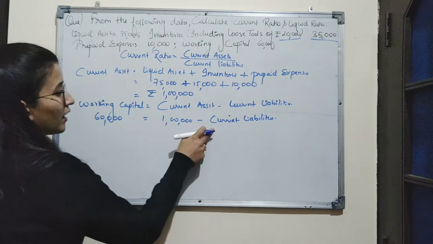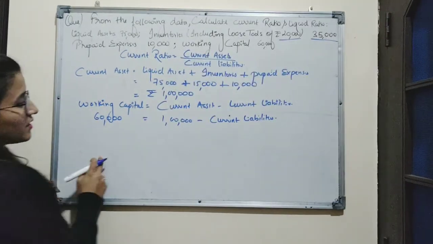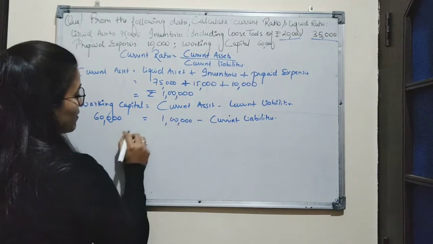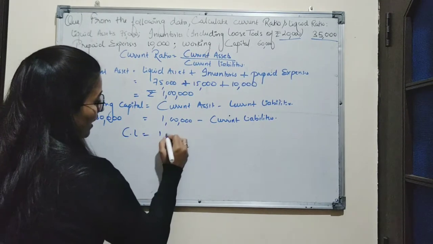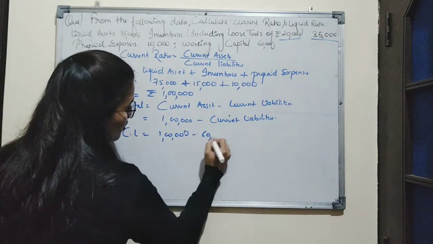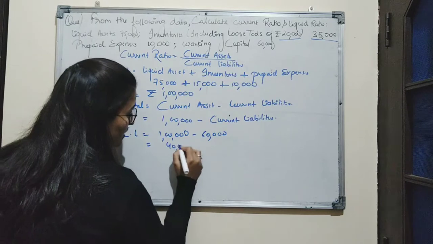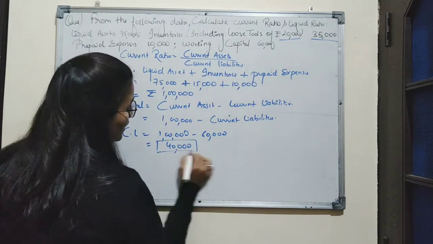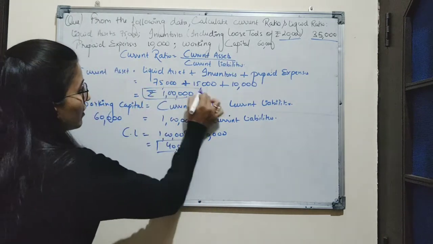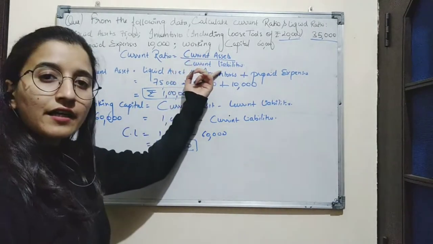Now current liabilities will be 1 lakh minus 60,000. We'll transfer current liability here, 1 lakh. This amount will be transferred here, minus 60,000. Current liability will be amounting to rupees 40,000. So we have calculated both the values of current asset and current liabilities.